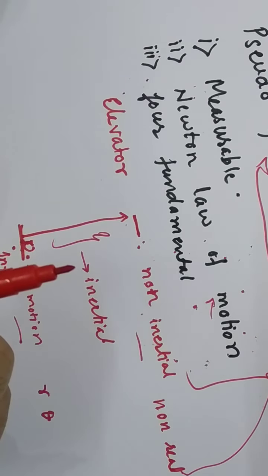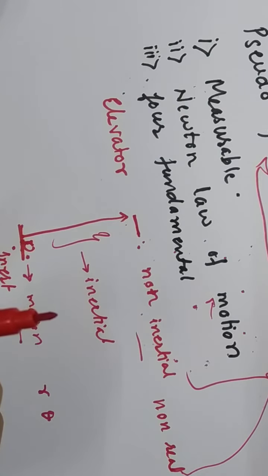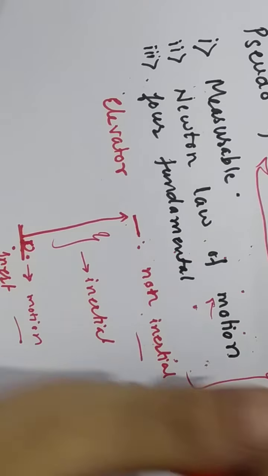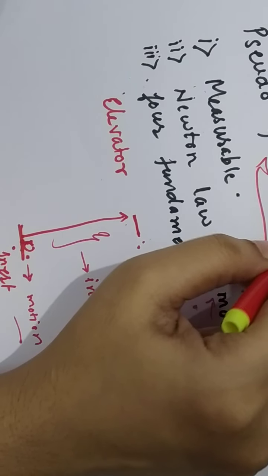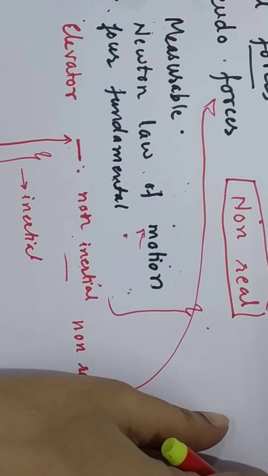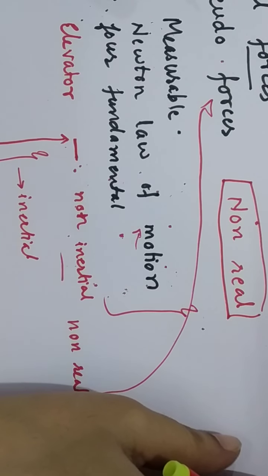These two forces will come into existence. They have a real existence, but according to Newton, they will be called non-real forces or pseudo forces. Understood?